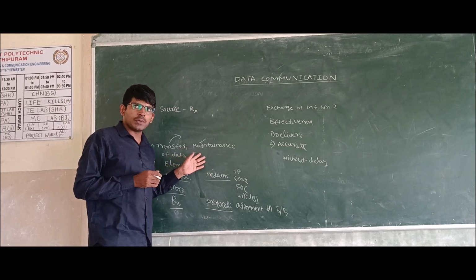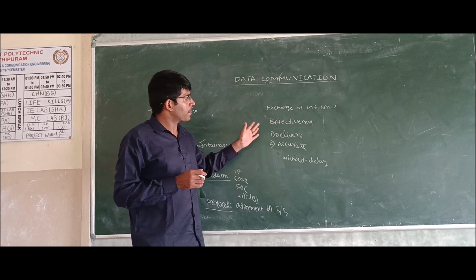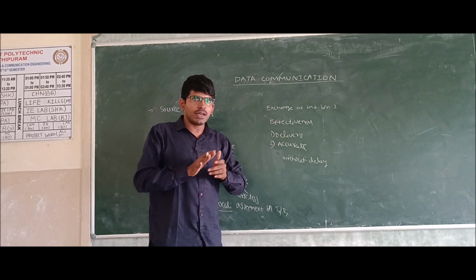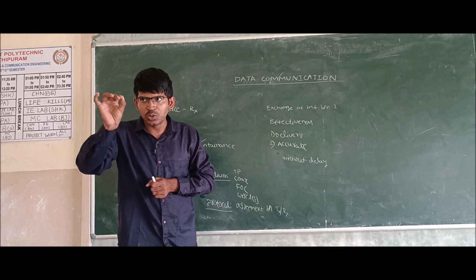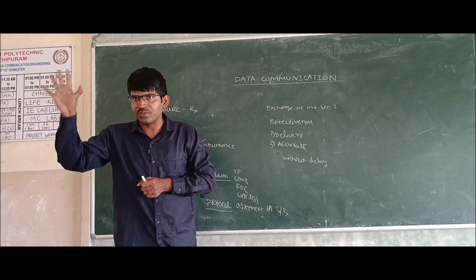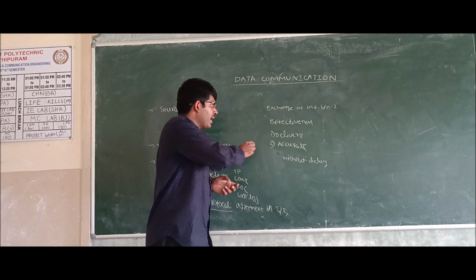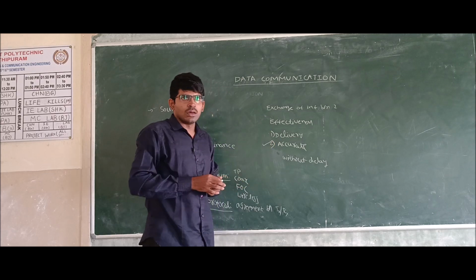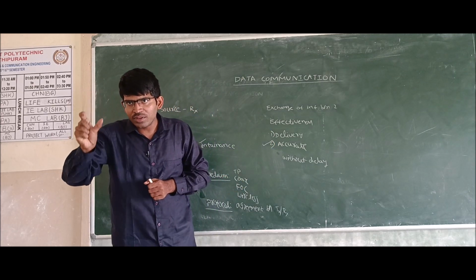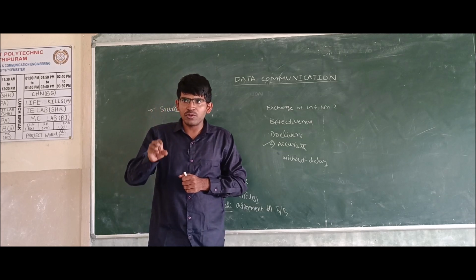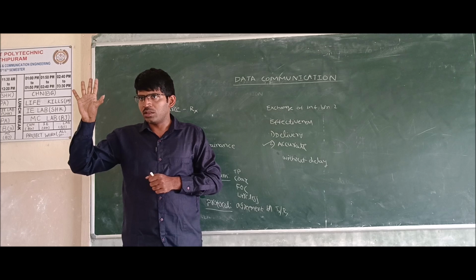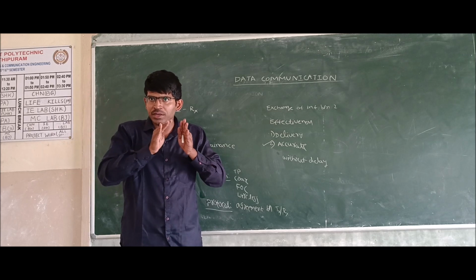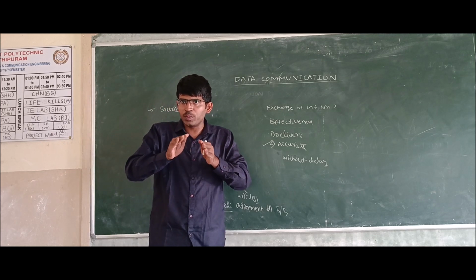The effectiveness of data communication depends upon the delivery of the data. Whatever data the sender is sending, it should reach the receiver. And the accuracy: whatever data we are sending, it should reach the receiver without any distortion. The data should be as it is.